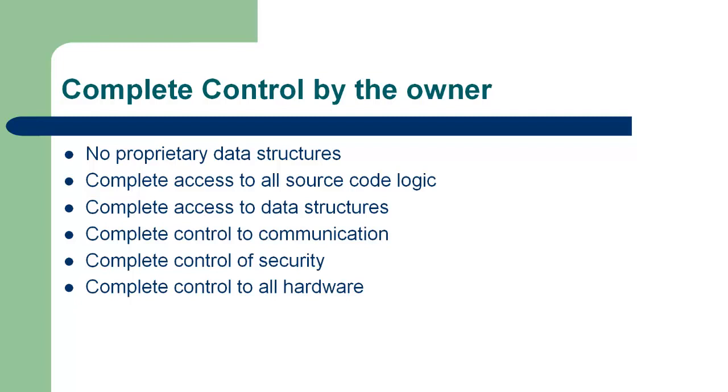So complete control of all the hardware, every piece of hardware, every piece of logic that's contained within that piece of equipment that you bought. Complete access to all communications. First I had control of it, now I want access to it. Make sure I do have access to it. Which means if I have a TV set out there, I'd like to know what's going on with communications.